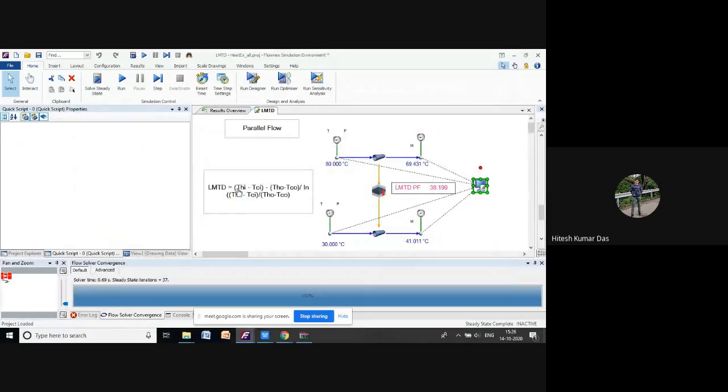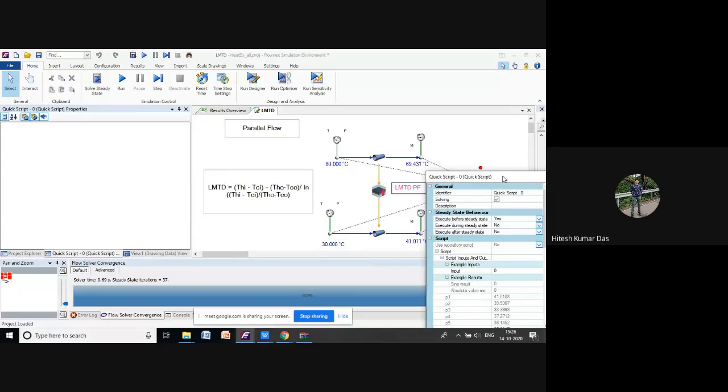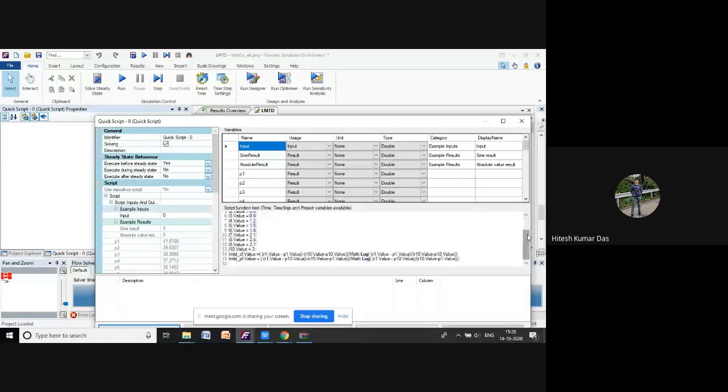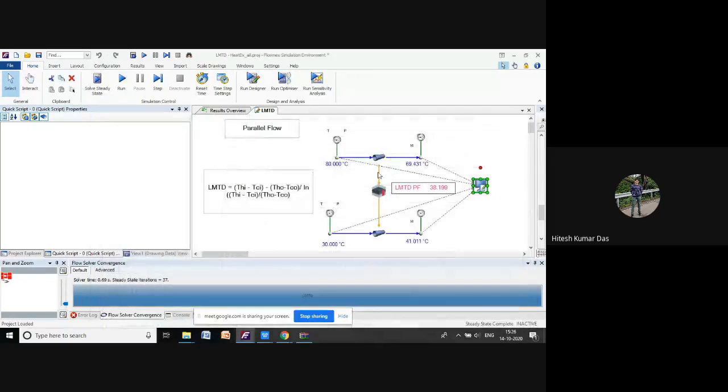This is THI minus TCI, where THI means hotter side inlet minus colder side inlet, divided by the logarithm of the ratio of the differences between the hotter and colder side temperatures. We have assigned the same formula in this script. You can see this formula, and we are calculating LMTD as 83.